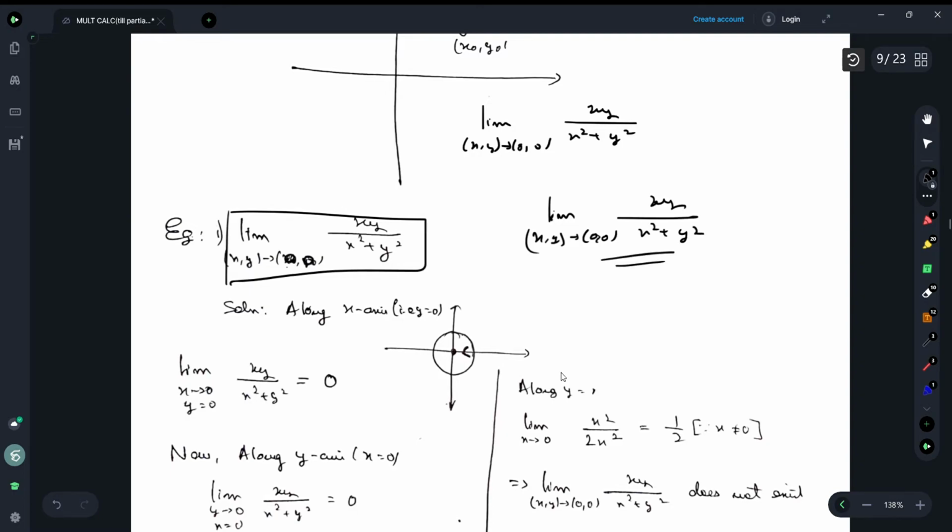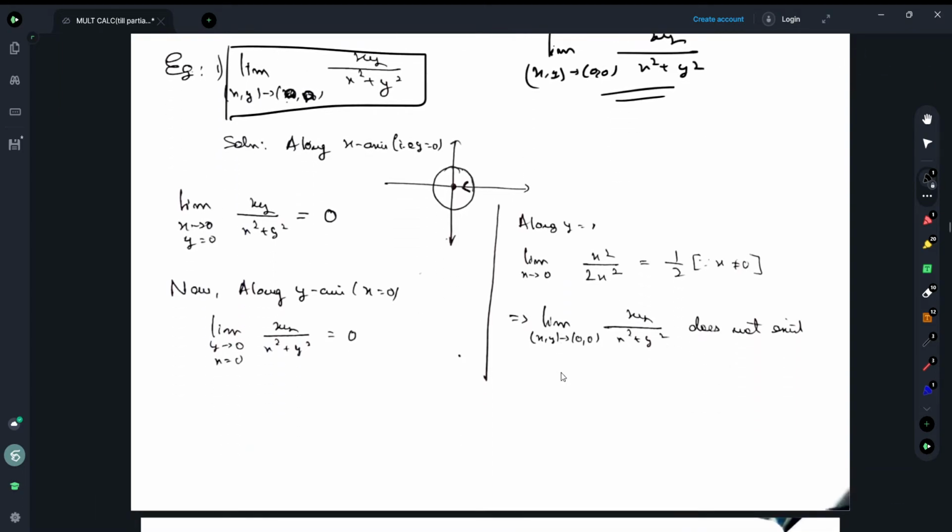Okay, let's check. Suppose we try to approach (x0, y0) along the x-axis. So this is your origin, right? Now suppose we approach 0 comma 0 along the x-axis. Along the x-axis means we have y equals 0, obviously, right? Suppose we take a point here which is x0, and we try to reach (0, 0) along the x-axis. Clear?